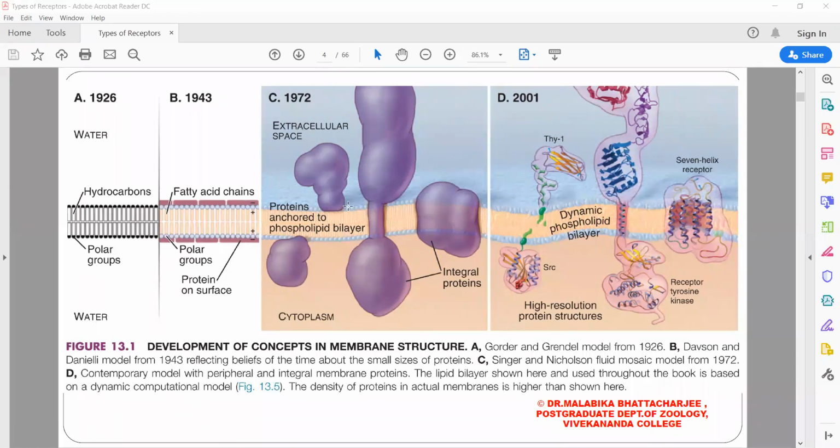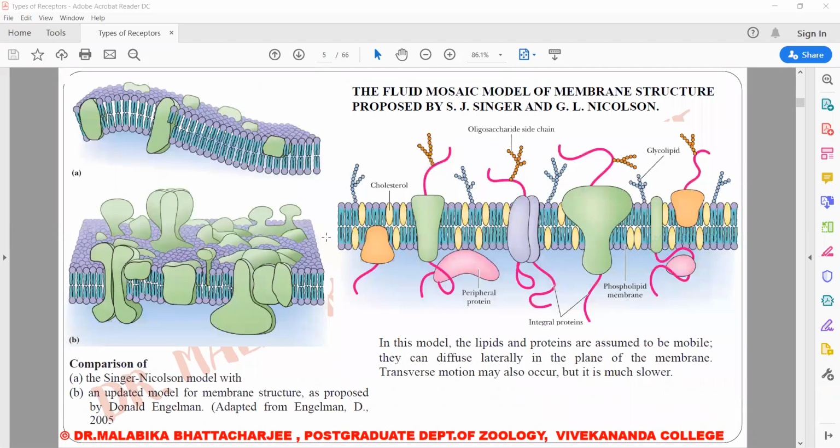Now, if I look into this picture, you can see the structural orientation of the proteins has been given, but this is a simplified view. This is a more complex view of this particular structure. Now, let's compare the updated view. The updated view was proposed by Donald Engelman in 2005, where he said that in the Singer-Nicolson model, the proteins are present, but they show an extreme mosaic manner.